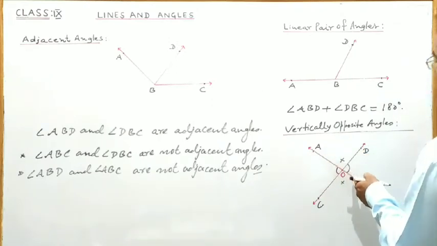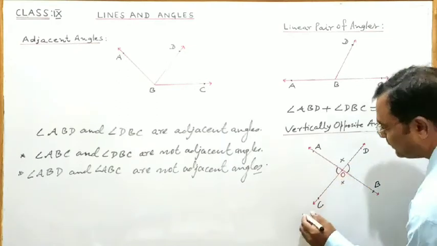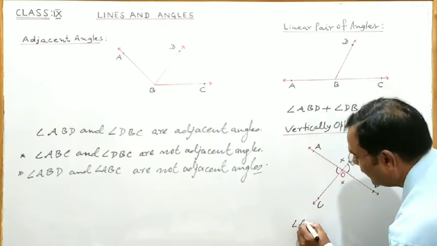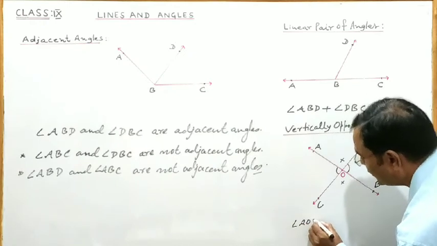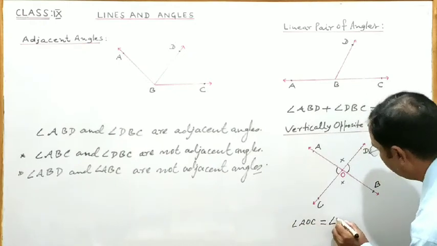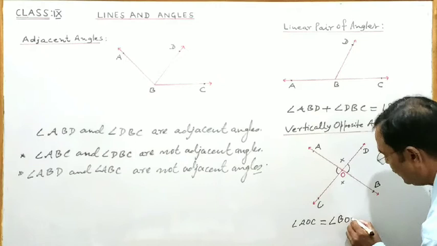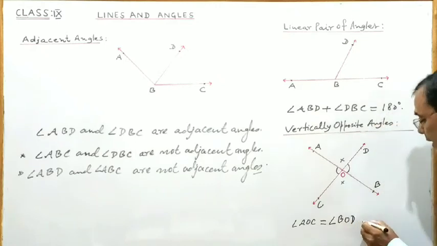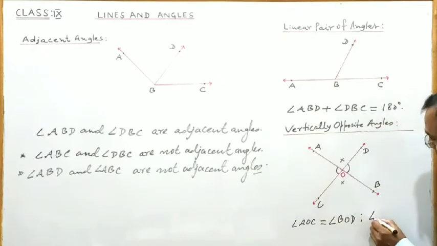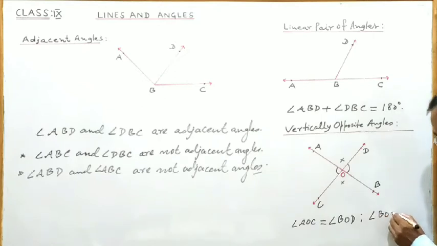Vertically opposite angles are equal. So angle AOC is equal to angle BOD and angle BOC is equal to angle AOD.